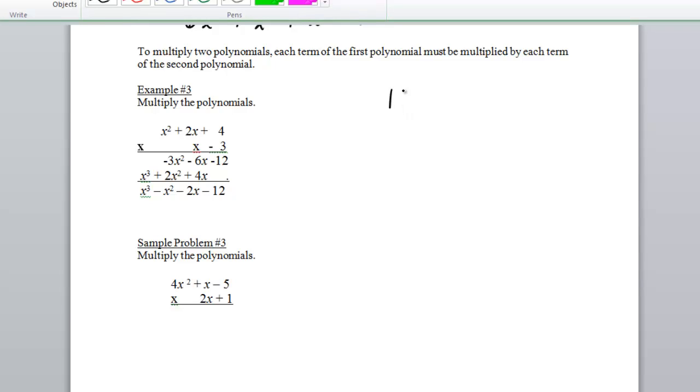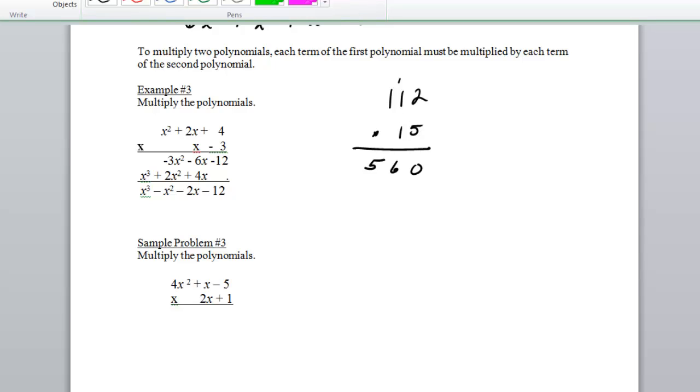If you really think back to, say, your elementary school days, you've done a stacked method before. So if we had something like 112 times, let's say, 15, you'll see here that we're going to take the 5 and multiply it times the 2 and the 1 and the 1, and we're going to end up carrying the 1, and then we'll have 6, and then we'll have 5.